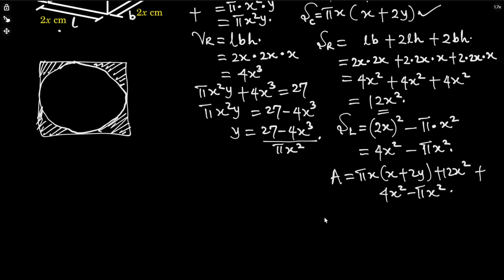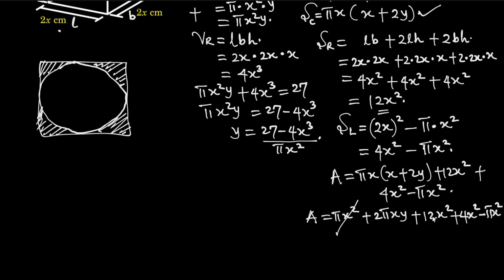I guess we have to open the bracket again. So A equals pi x squared plus 2 pi xy plus 12x squared plus 4x squared minus pi x squared, right?